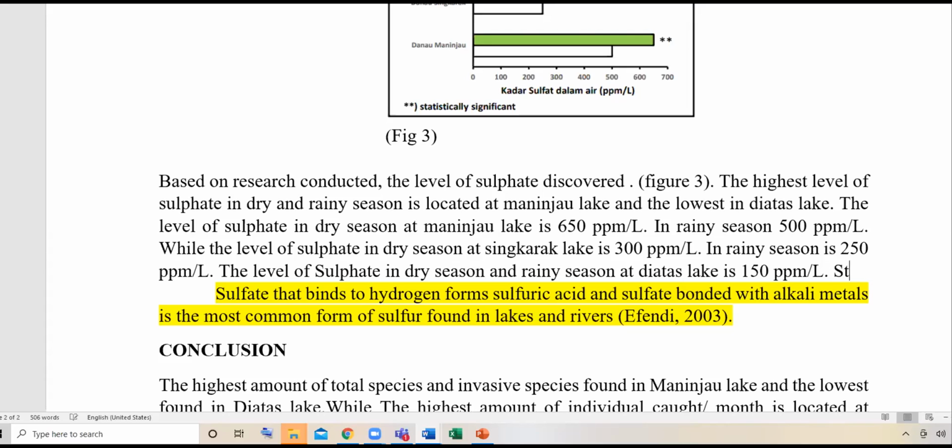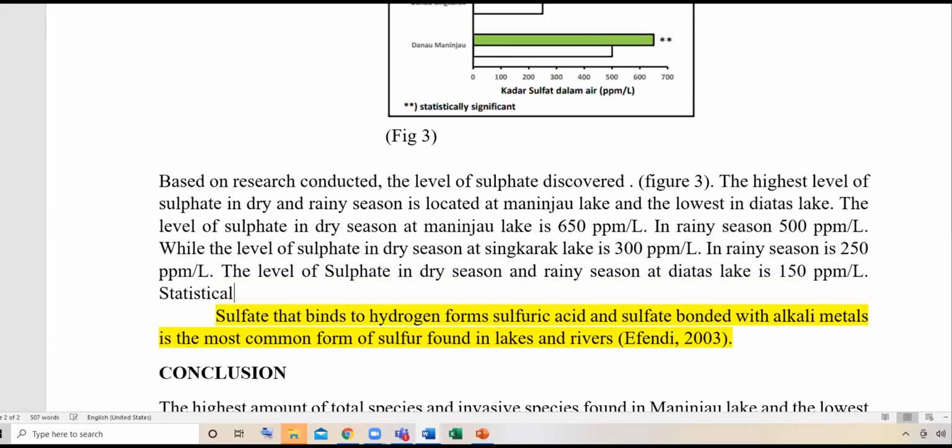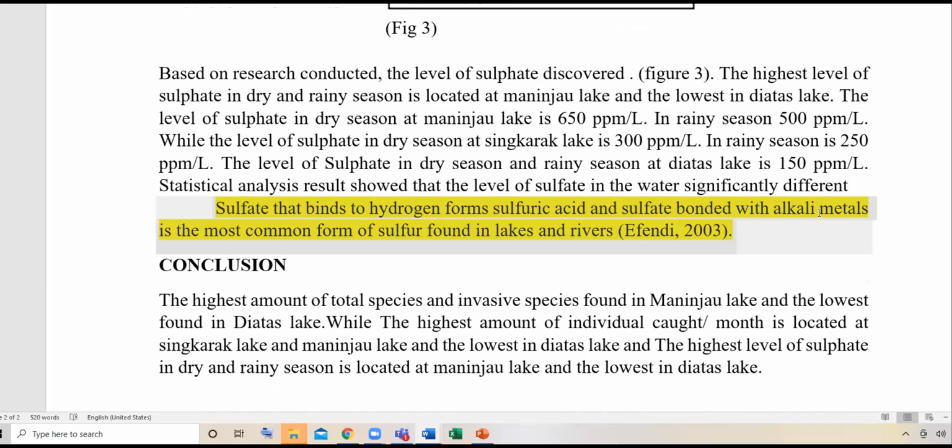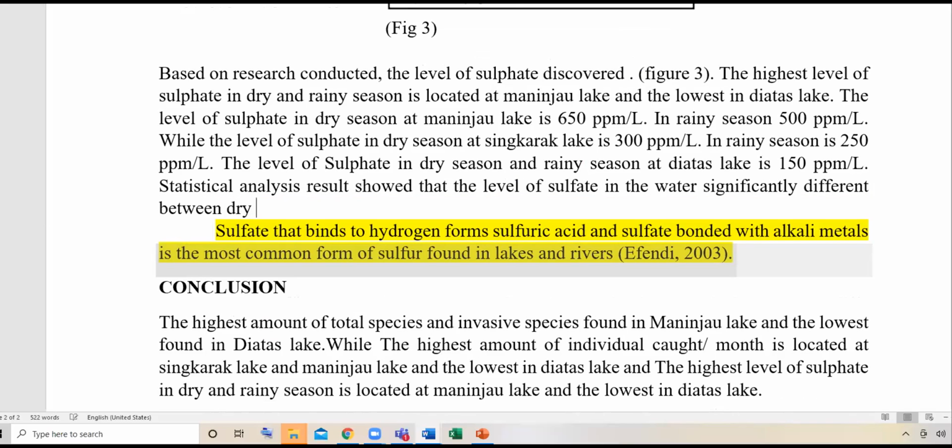So this is the statistical analysis. The result shows that, for example, the levels of sulfur in the waters are significantly different between the dry season and the rainy season.